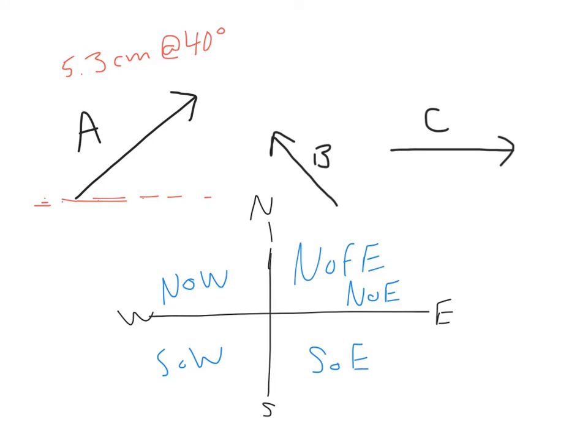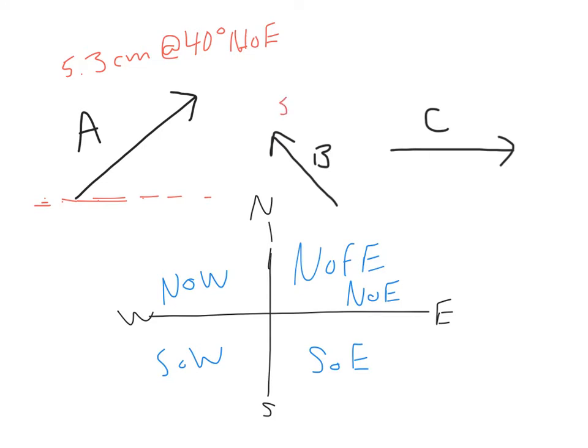So we always like to go in terms of the x-axis, whether it's north or south of east or west. So for vector A, this is 40 degrees, since it's in the first quadrant, north of east. Vector B, from tip to tail, is about 3.2 centimeters long.